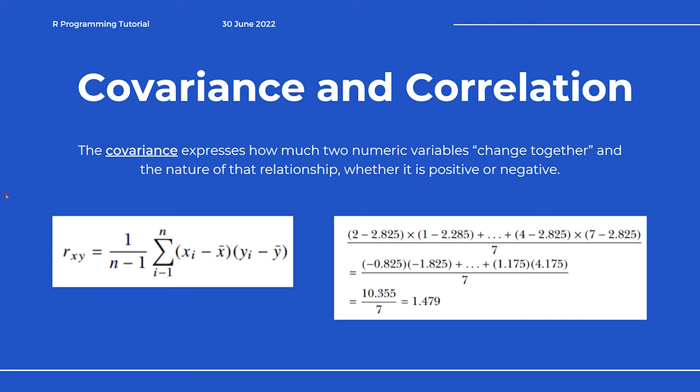So we compute the covariance between x and y, the data that we have in our previous examples. We will use the same examples.